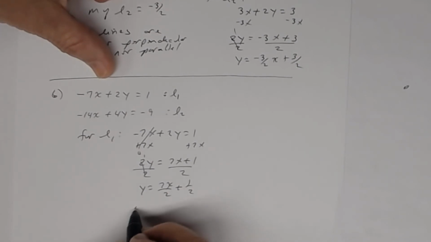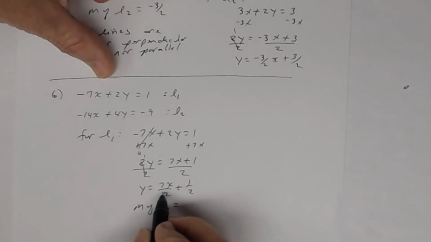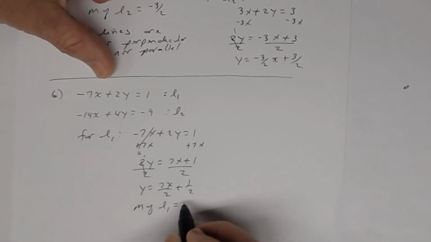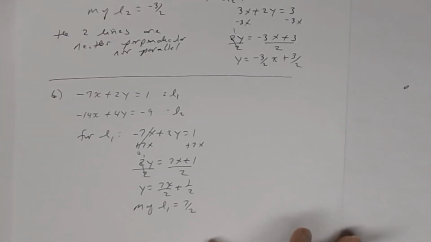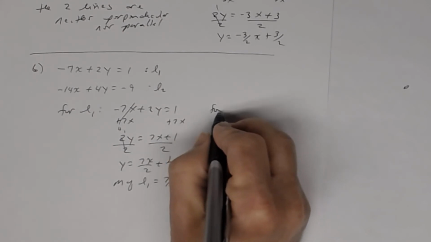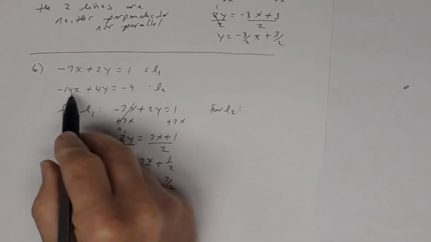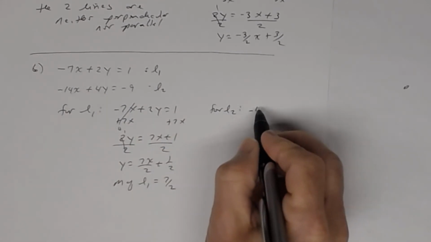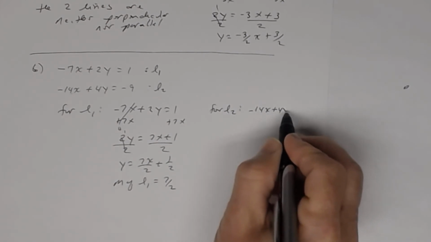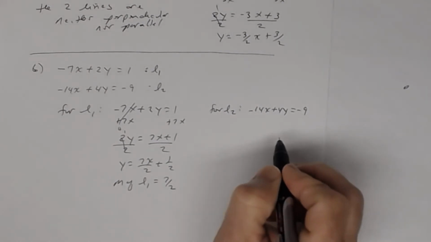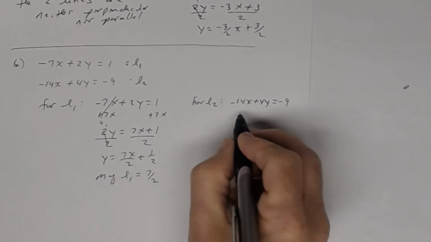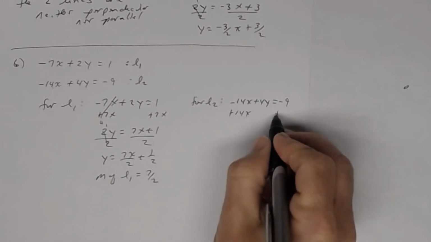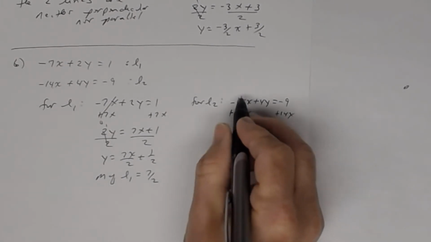So what's the slope of line 1? The slope of line 1 is 7 halves. Now let's do line 2. For line 2, which was this equation, negative 14x plus 4y equal negative 9, let's see what we get. I'm going to add 14x to both sides, and then combine like terms.